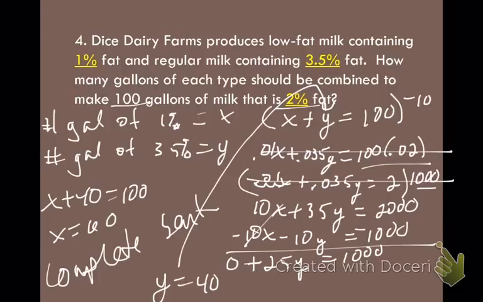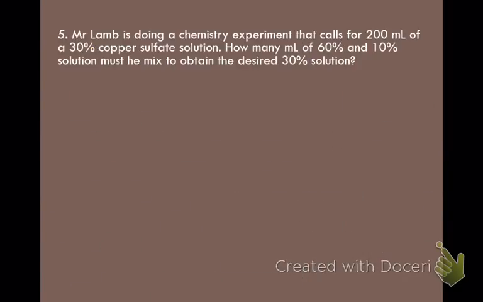Okay? Now, at the same time, here's your chemistry example, and when you get to a chemistry class, you may end up using this quite a lot, right? So Mr. Lamb's doing a chemistry experiment that calls for 200 milliliters of a 30% copper sulfate solution. How many milliliters of 60% and 10% solution must he mix to obtain the desired 30% solution? So here's the thing.